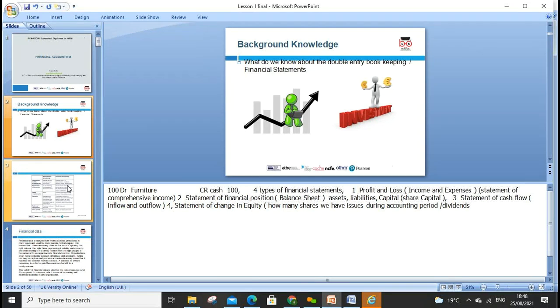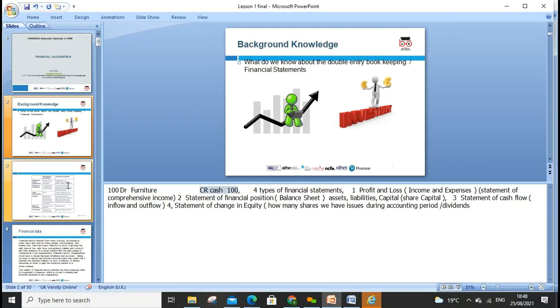And if we are paying by cash, cash will be credit. It means my cash balance is going down. Then when we prepare the trial balance, my furniture balance goes on the debit side and the cash balance, which went down, goes on the credit side.